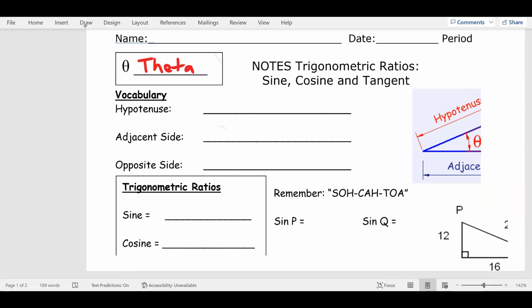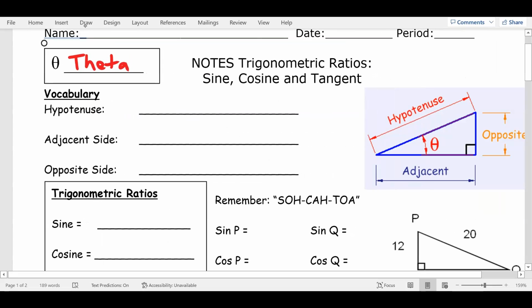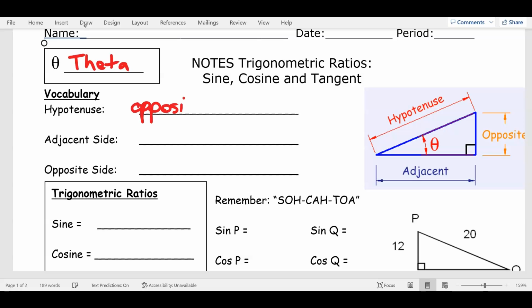Now, here's the deal. For trigonometric ratios, we know, hopefully, like we just said in the warm-up, that the hypotenuse is across from the 90. So let's write that down. For the hypotenuse vocabulary, I'm going to say it's opposite the 90 degrees, the right angle. So it's opposite from the right angle.